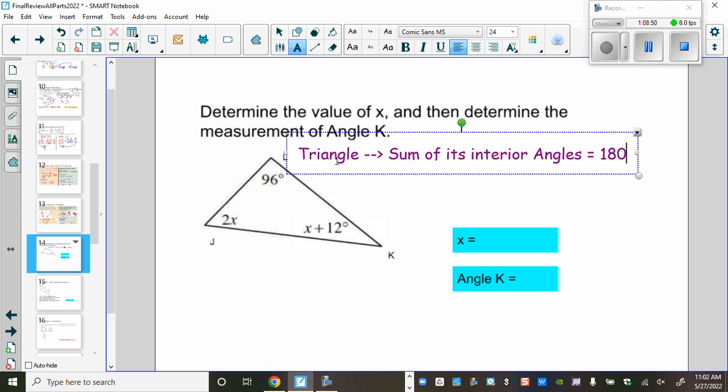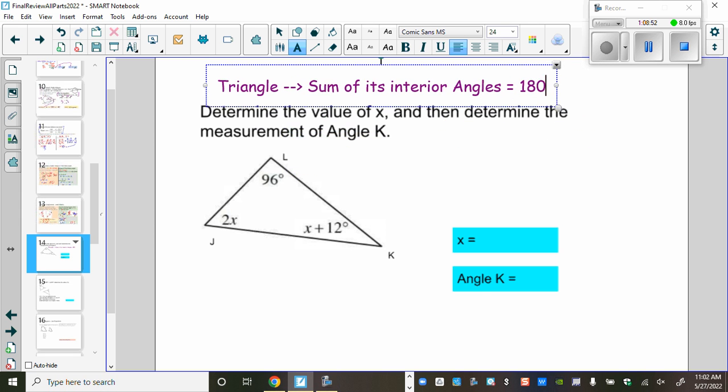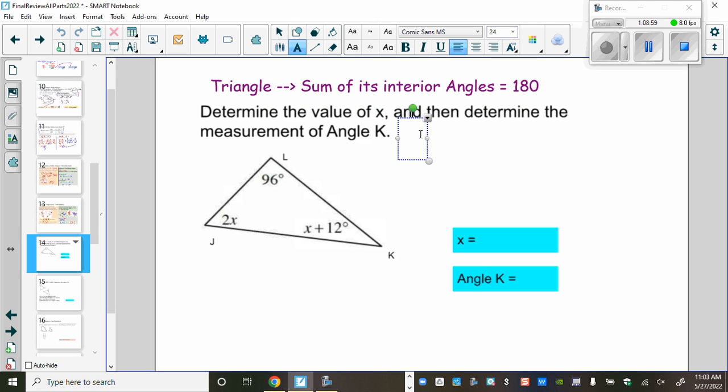So, given this little hint, what would be the setup? I just want the setup for now. What would be our setup for this problem? Who would like to take a guess? If we want to solve for x, how would we set up the problem? What would be our equation setup?